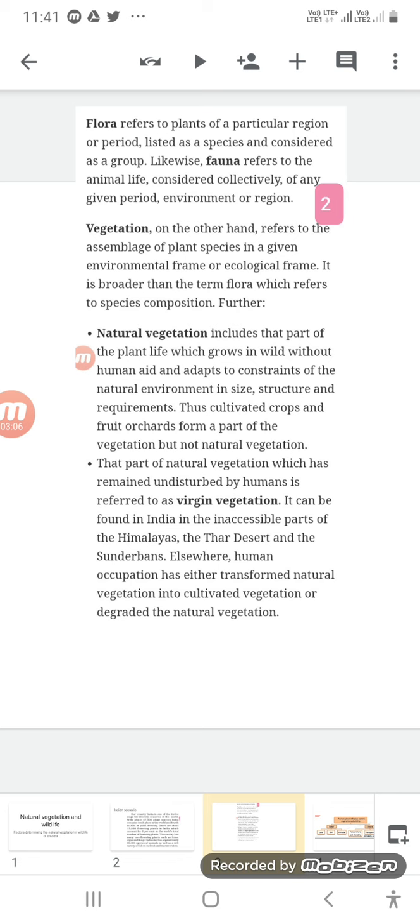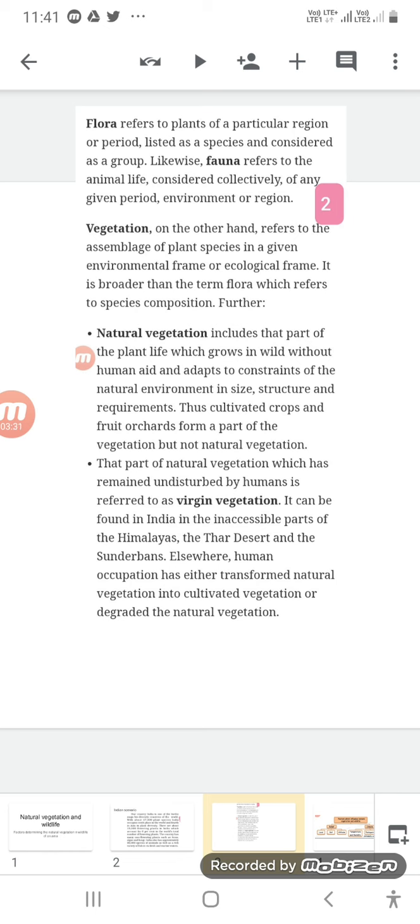The cultivated vegetation means that type of plant cover which we grow on our own, in our orchards, in our gardens, etc. The virgin vegetation has two subcategories: endemic virgin vegetation and exotic virgin vegetation.